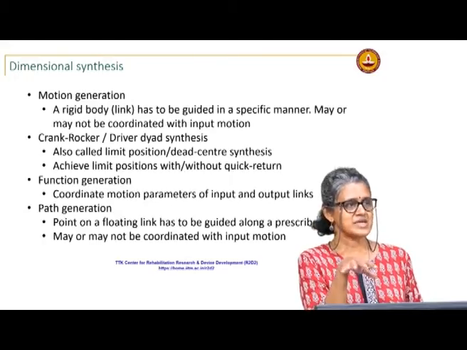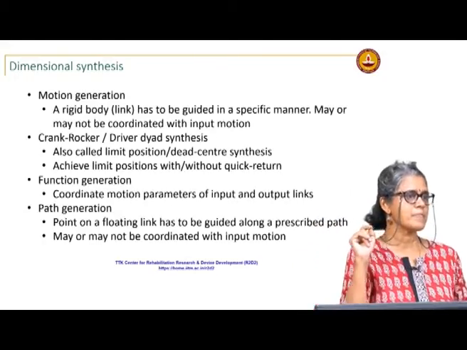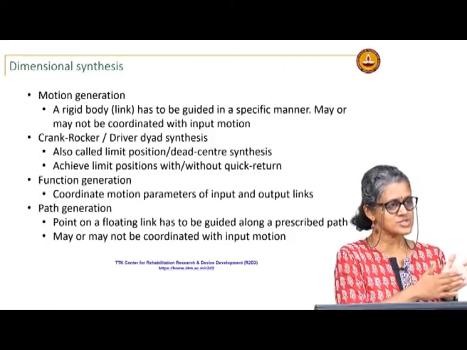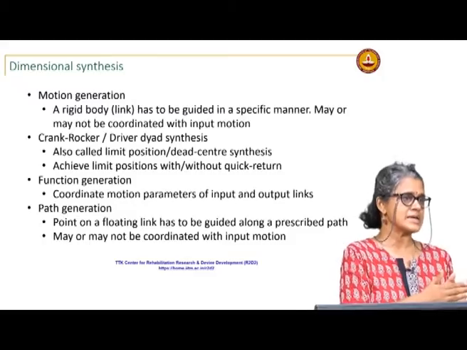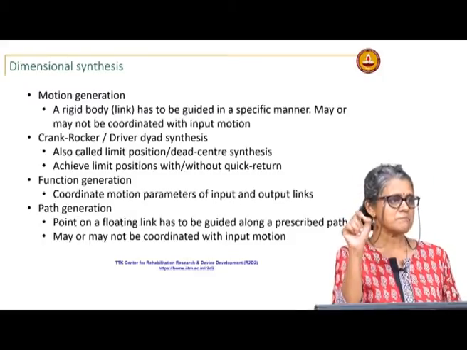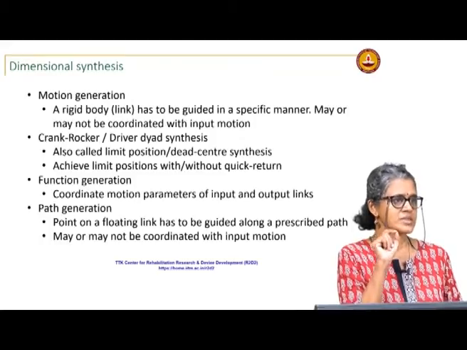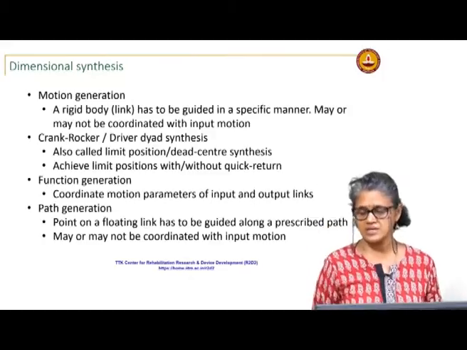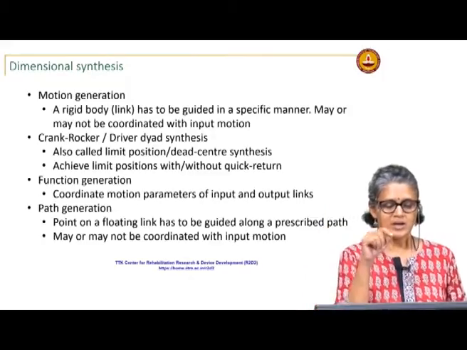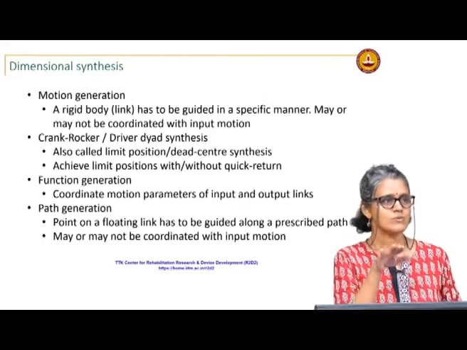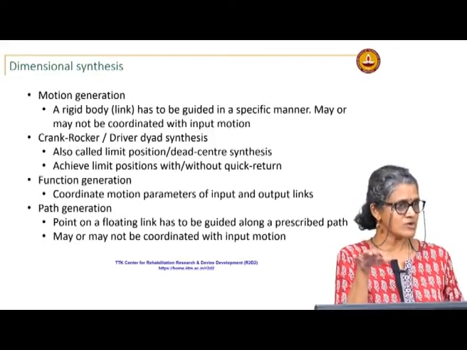Now, how is this different from motion generation? In motion generation, you are looking at both the position and the orientation of the link in the plane. In path generation, you are looking at only the path of a point on the coupler. That is the difference between the two. Now, a 4 bar does not really care what kind of problem you are solving.